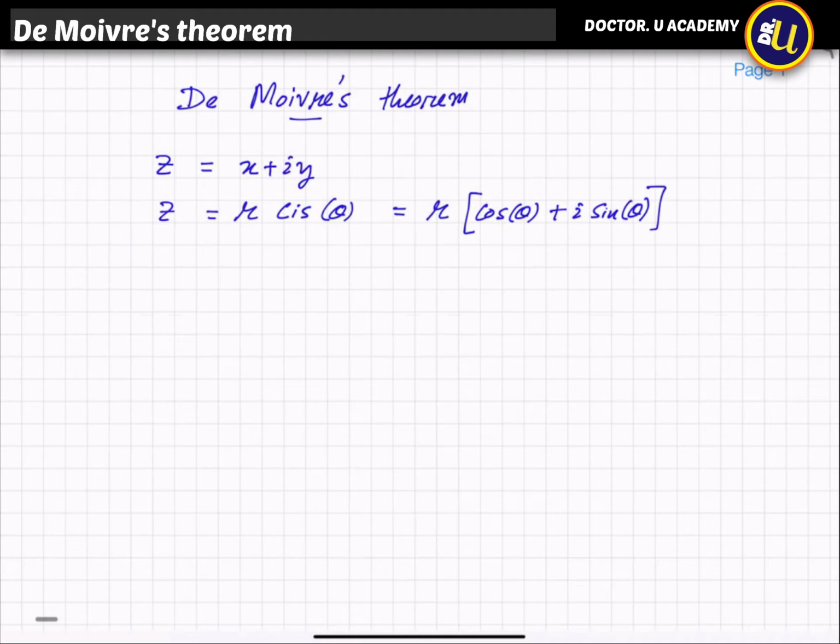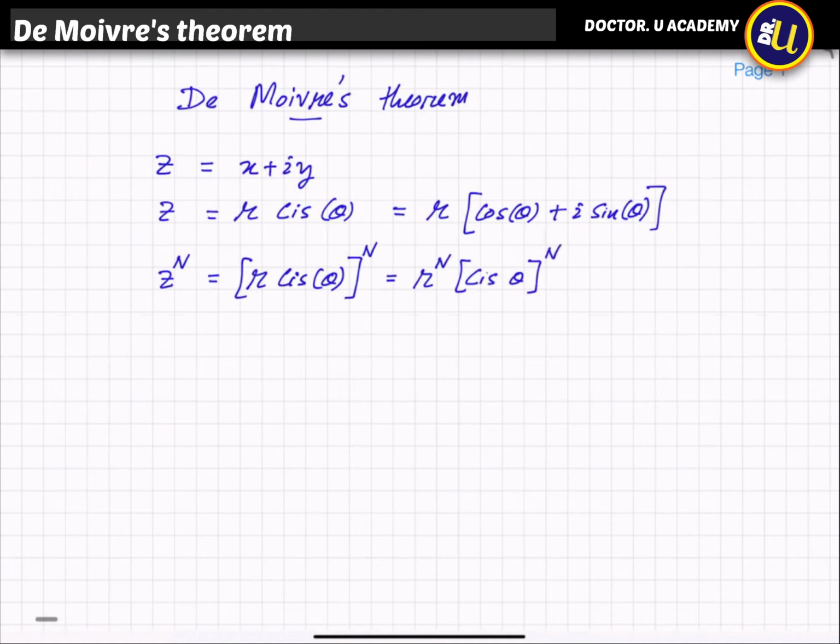Now what is de Moivre's theorem? So if you want to find z to the power n, that would be (r cis theta) to the power n. Now if you consider this individually, this is going to be r to the power n and cis theta, the whole thing, to the power n.